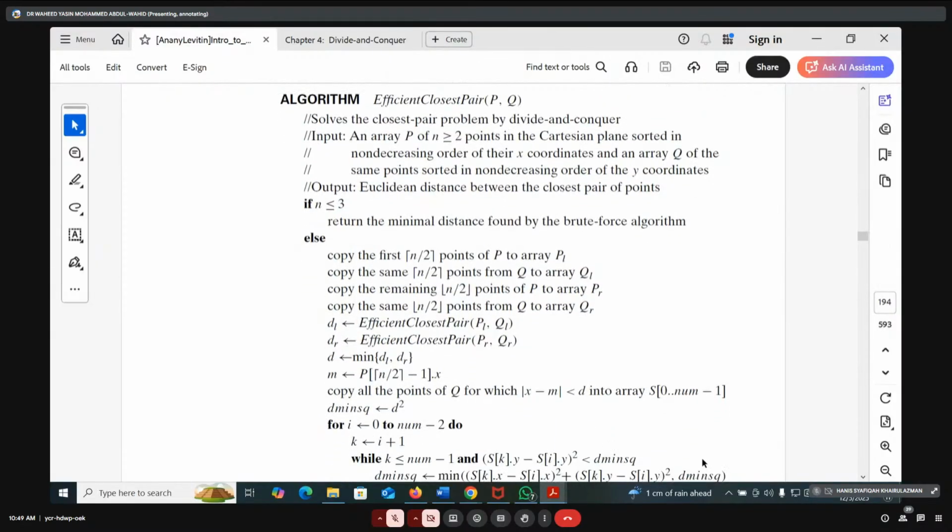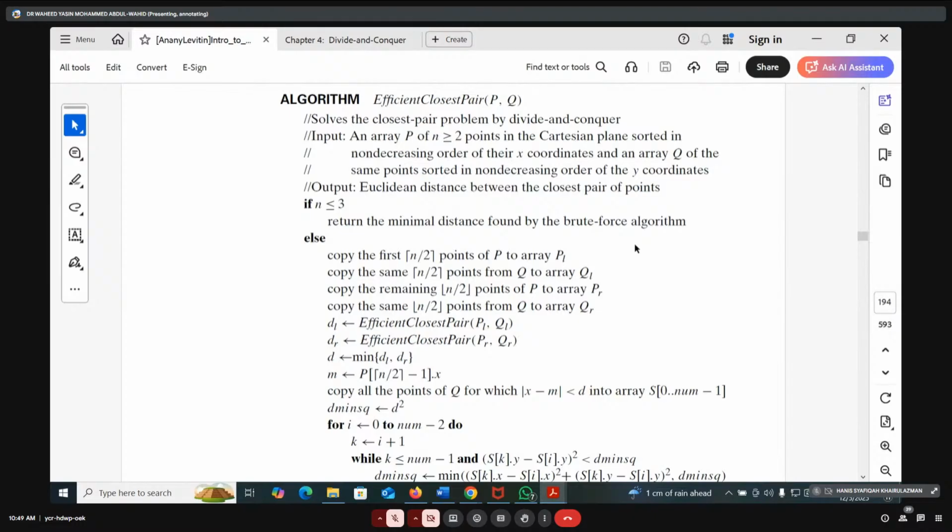This is the algorithm efficient closest pair P, Q. Here we already went through this one. We divide the points into P left, P right, and Q left, Q right according to the x order.